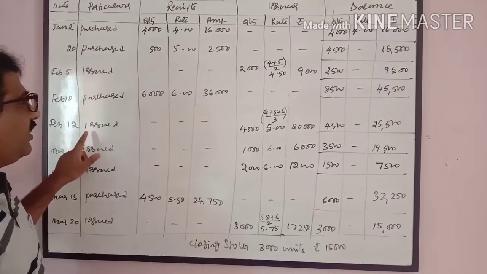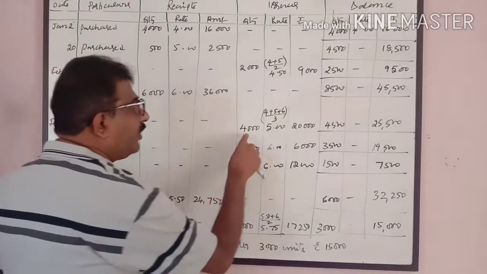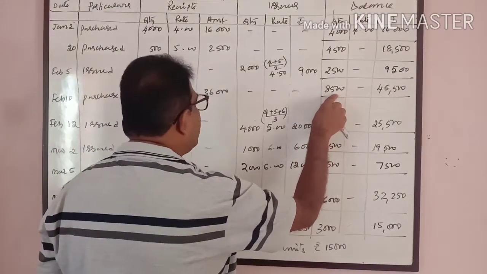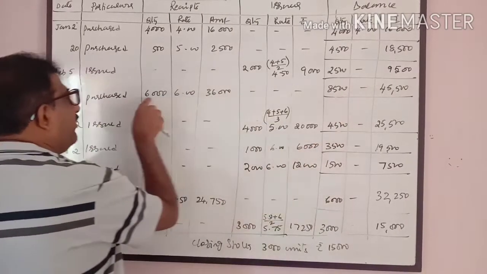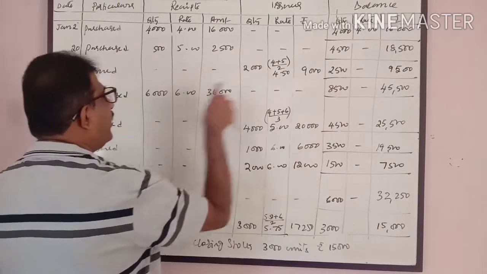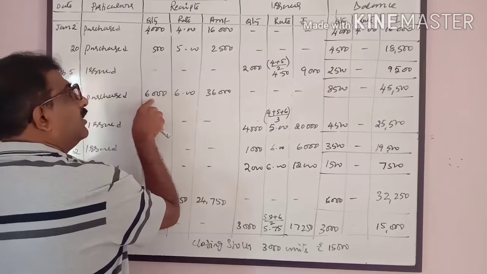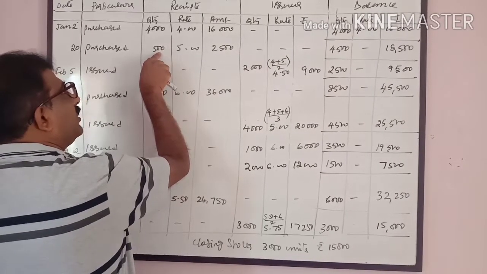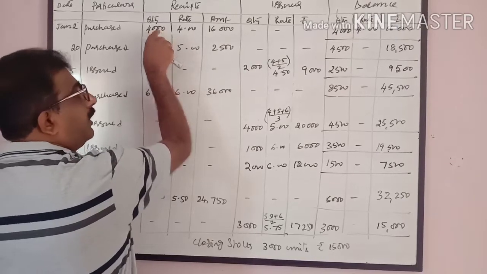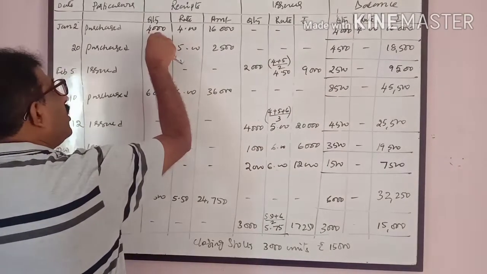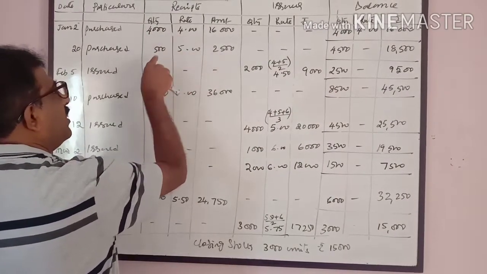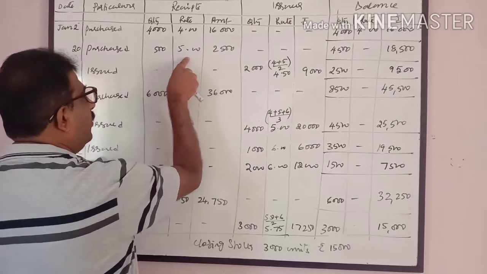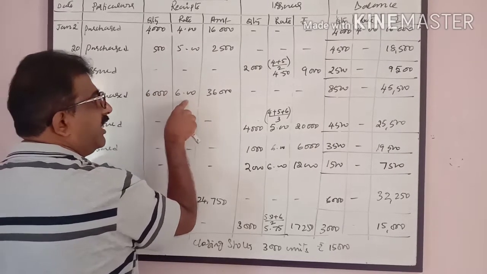On February 12th, there is an issue. Before issue, we have to see here 8,500 stock, which includes, straight away you come here, 8,500 minus 6,000 means 2,500. 2,500 minus 500 means 2,000. That means out of 8,500, 2,000 units related to 4 rupees, 500 units related to 5 rupees and 6,000 units related to 6 rupees.